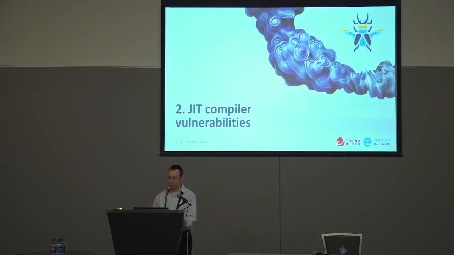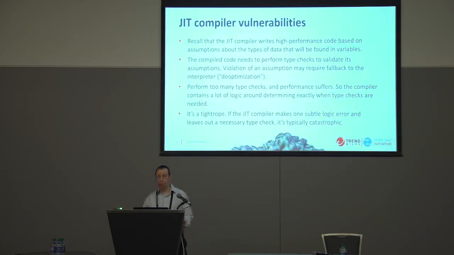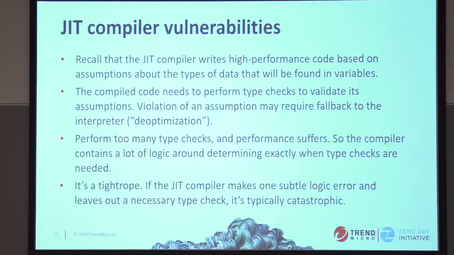Where things get really interesting, though, is in the JIT compiler. Specifically, what's often found is that the JIT compiler emits code that fails to account for all possibilities. Recall that the JIT compiler writes high-performance code based on assumptions about the types of data that will be found in variables.